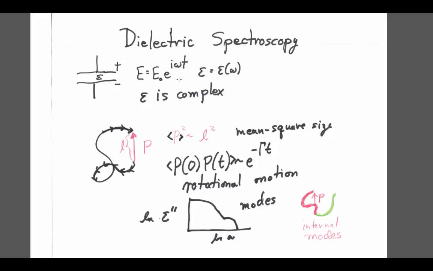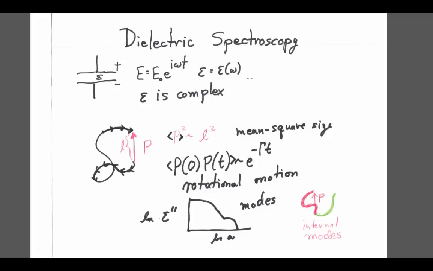And the answer is that the response function is a function of frequency. If you change the frequency, the amount of stored charge, which of course is also oscillating at omega, changes. Furthermore, in general, epsilon is complex. That is, well, a freshman would say, gee, if you apply a voltage, there's a charge.